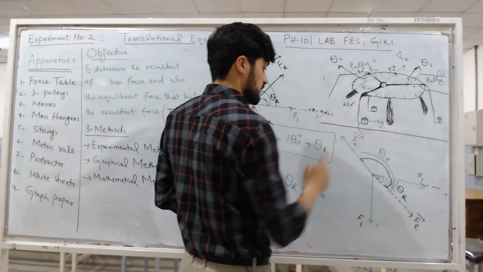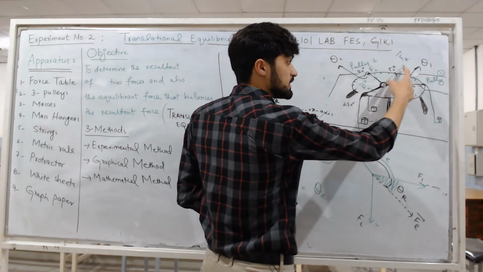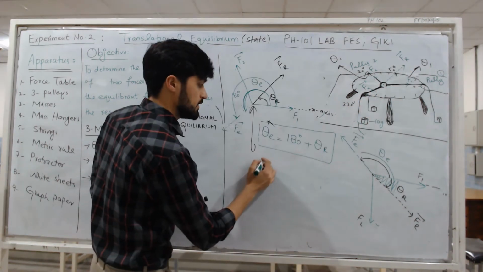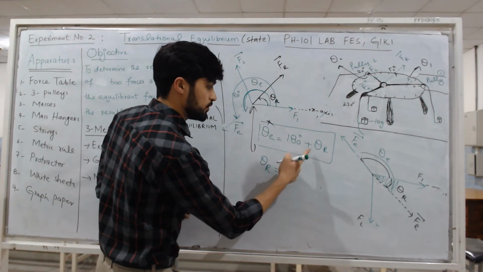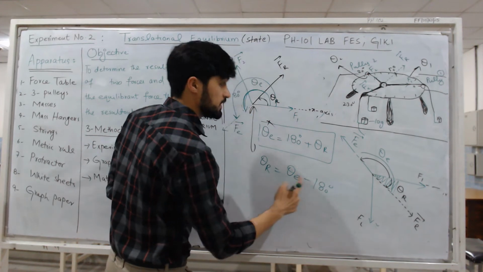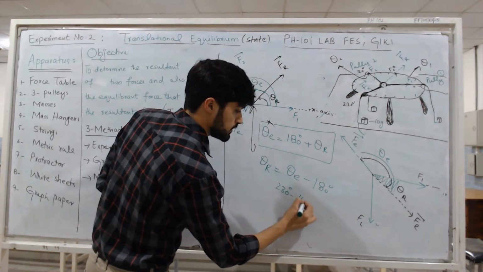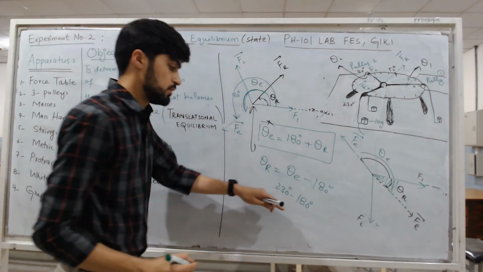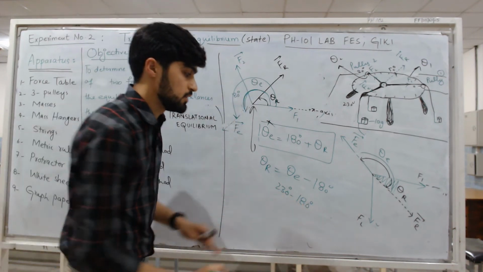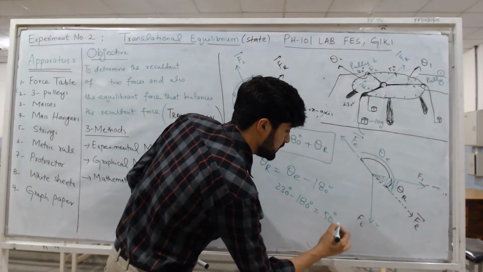So theta r is equal to theta e minus 180 degrees, which is 230 degrees minus 180 degrees. It will give us 50 degree.